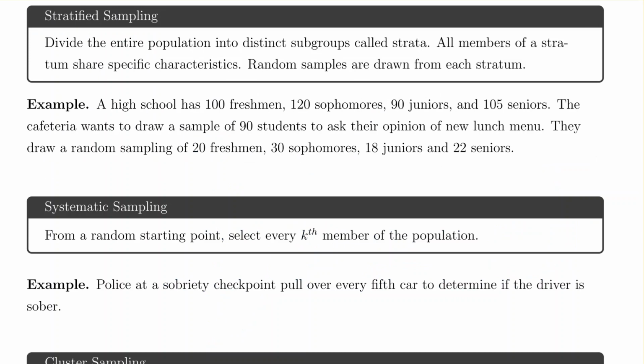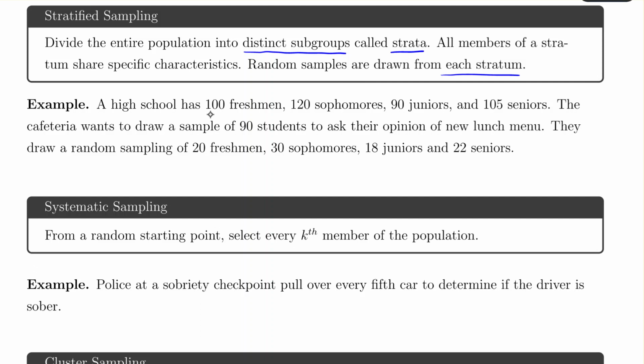Stratified sampling. In this sampling method, we divide the entire population into distinct subgroups called strata. All members of a stratum share specific characteristics. And then random samples are drawn from each stratum. So let's look at an example.